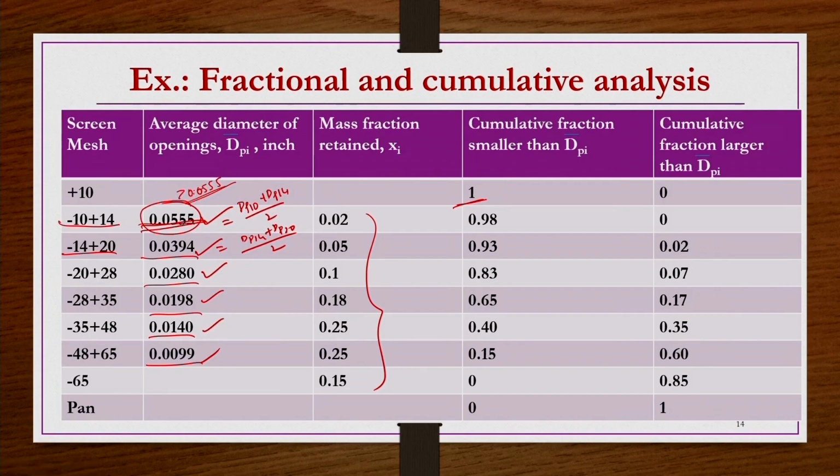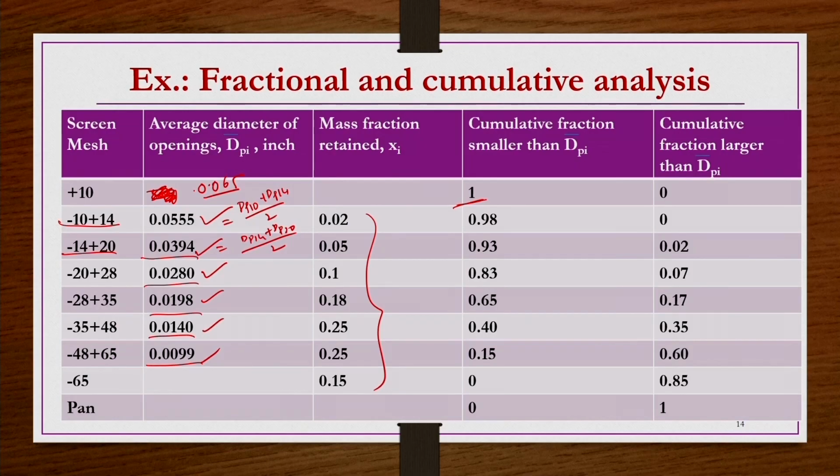Let me repeat once again. Not the average diameter, for mesh 10 the screen opening is 0.065 inch.